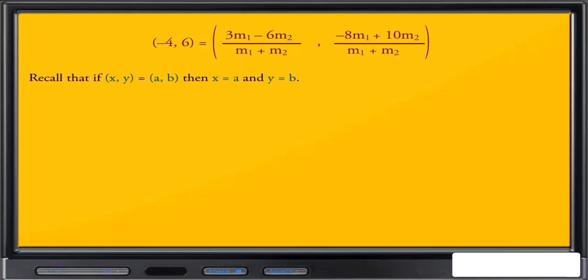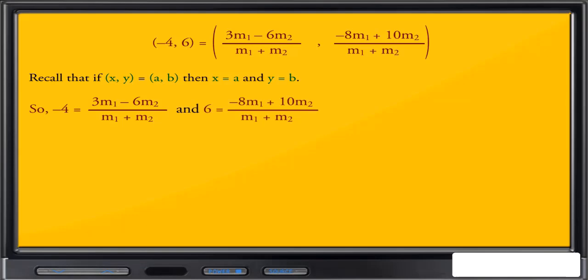Recall that if (x, y) is equal to (a, b), then x is equal to a and y is equal to b. So, -4 is equal to 3m1 minus 6m2 upon m1 plus m2 and 6 is equal to -8m1 plus 10m2 upon m1 plus m2.